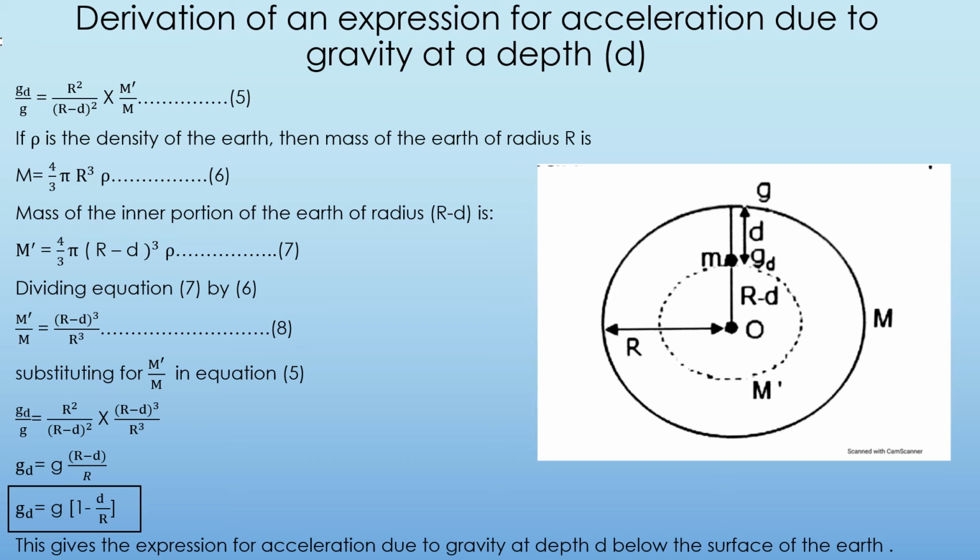So what is left? (R minus d) by R. So we'll take the small g to this side. What happens to the equation? g_d is equal to small g into (R minus d) by R. Later we can write the equation as g_d is equal to g in the bracket of 1 minus d by capital R. So this is the expression for acceleration due to gravity at the depth d, which is below the surface of the earth.